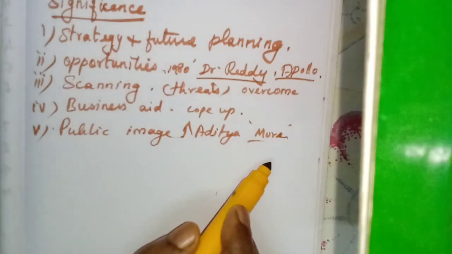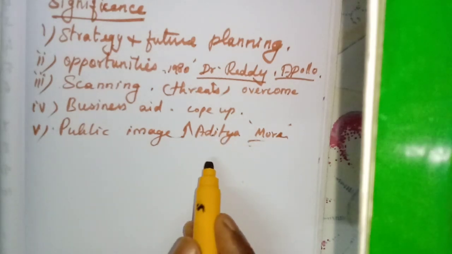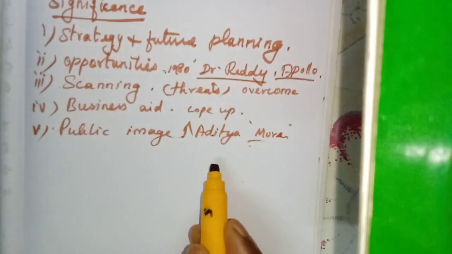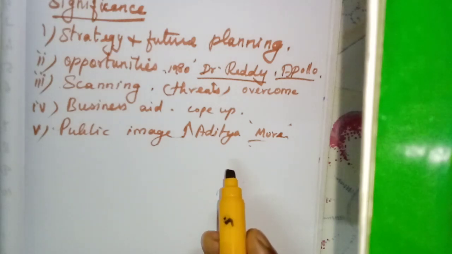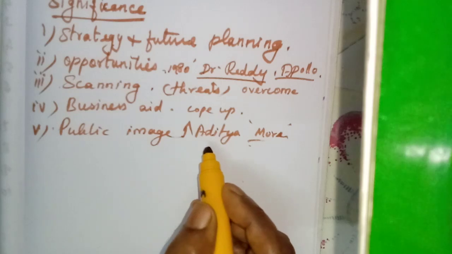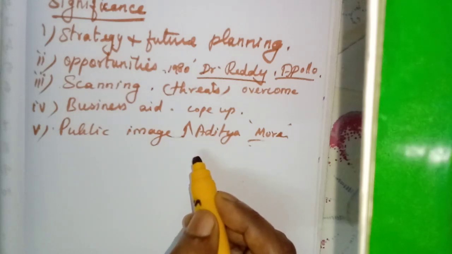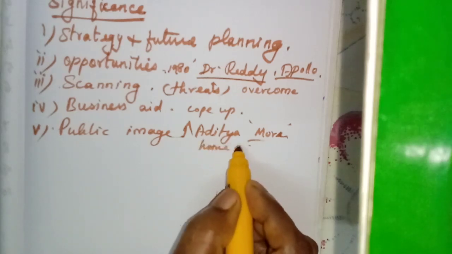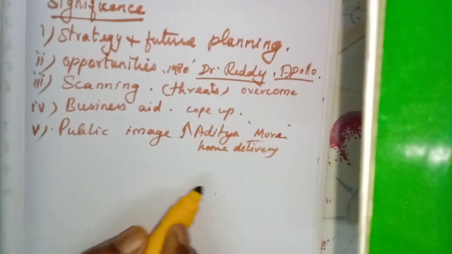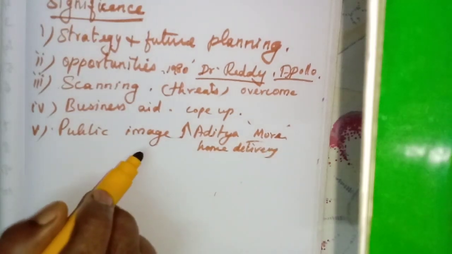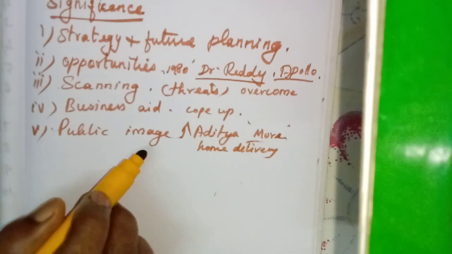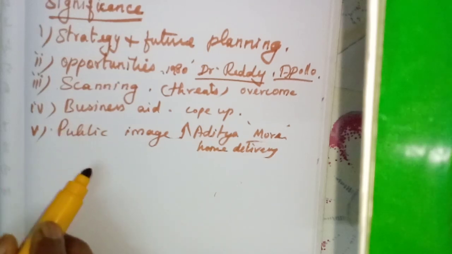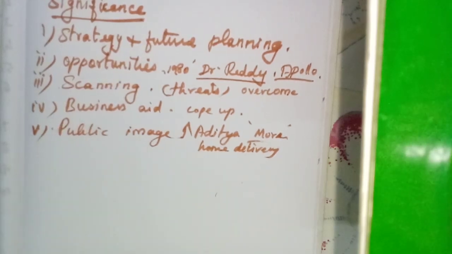The same way, this group also provides retail things, whatever we purchase from the store, all those products that are necessary for our day to day use will be supplied. Home delivery is done through this, learning through the environment. So their public image is improved. These are the significance of business environment.